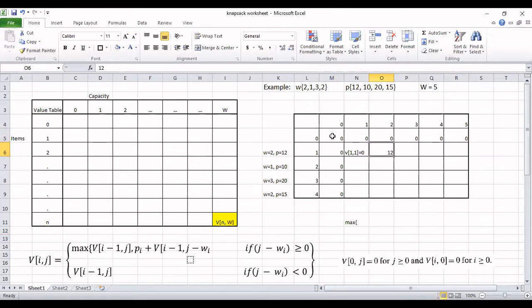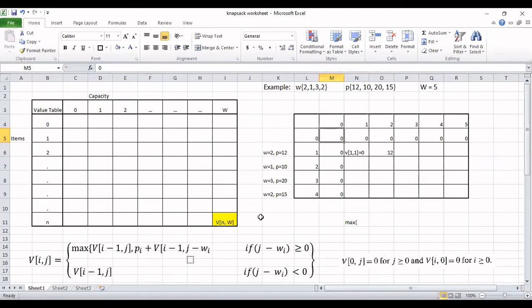Why we look at J minus Wi is, in a given knapsack, we are reserving the space, meaning the weight of the ith item is 2 kilo, so we reserve that much space, and the profit for the remaining leftover space is V of I minus 1, J minus Wi. So this is the logical meaning of it.